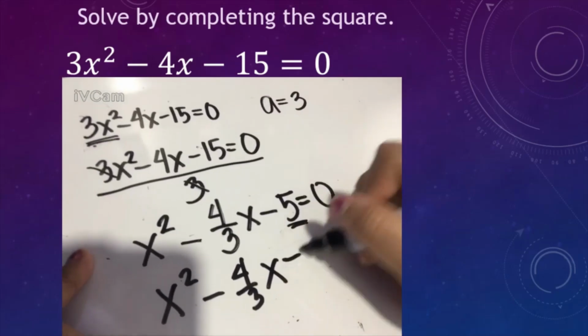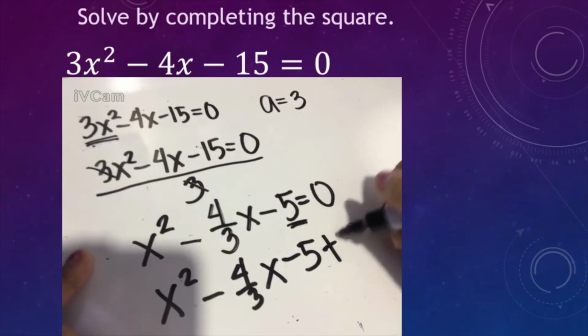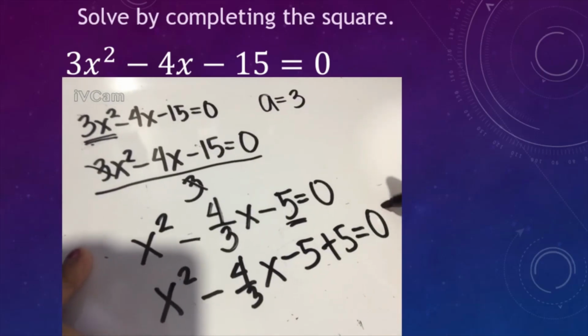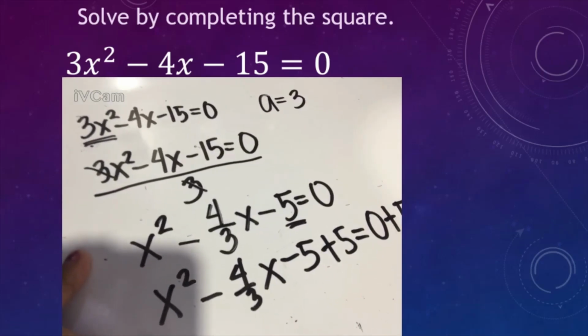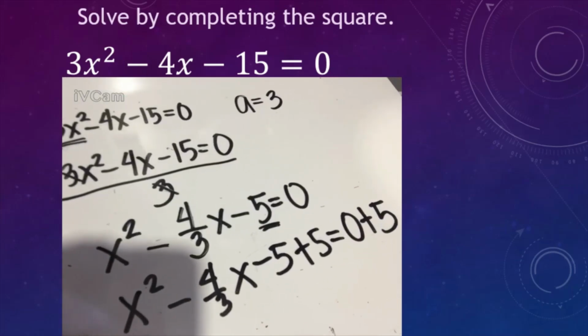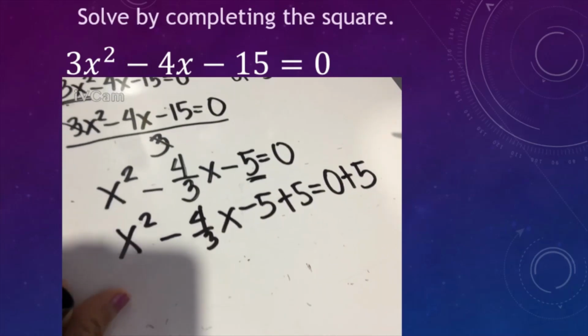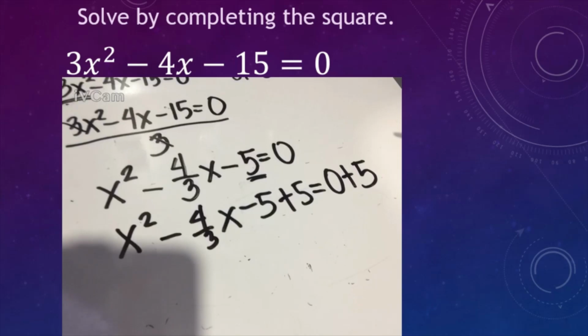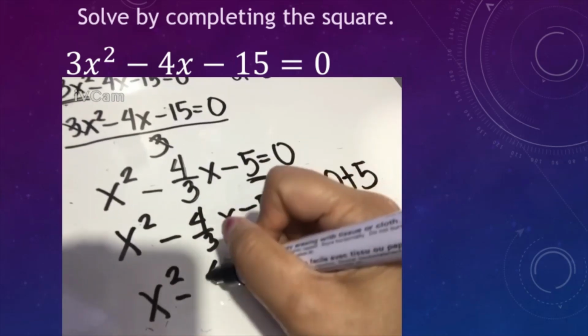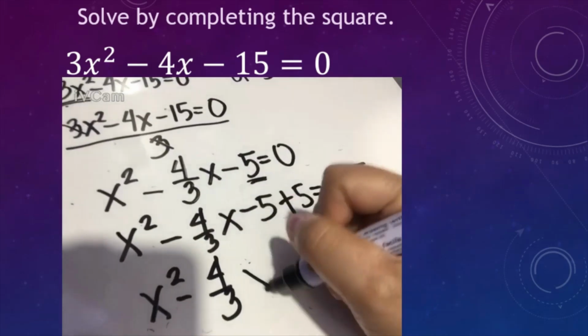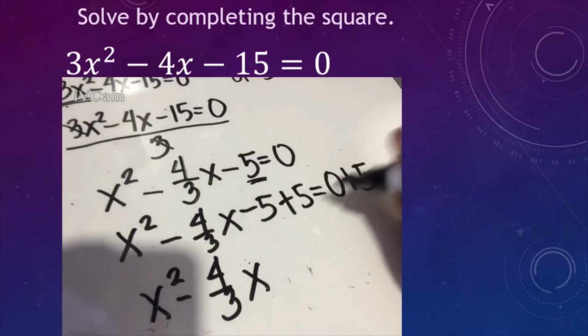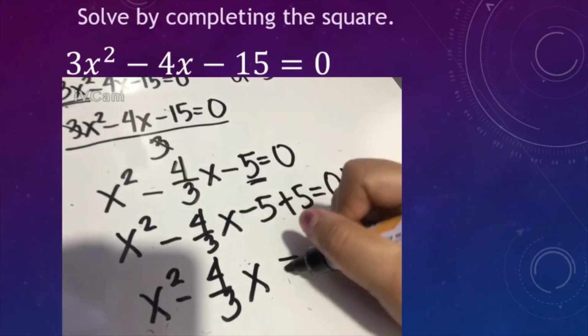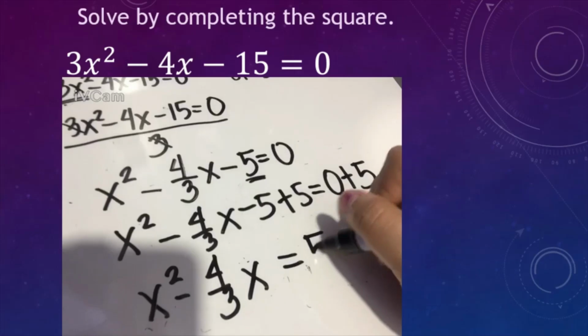Negative 5 plus 5 is equal to 0 plus 5. Then what's next? We are going to simplify. So x squared minus 4/3 x is equal to negative 5 plus 5 is already 0. So 0 plus 5, that is 5.